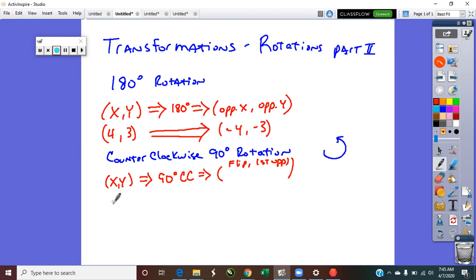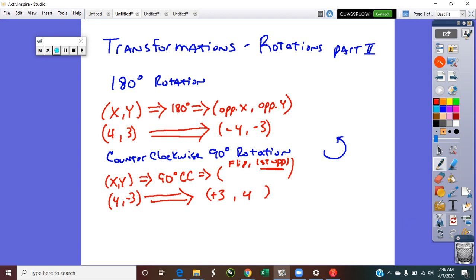So let's say I have a point like this, 4, -3. When we rotate counterclockwise, we're going to flip them first. So now we have -3, 4, and then we're going to make that first number opposite. So the opposite of -3 would give us a +3. So that would be 3, 4. That's review. That's what we did on our last lesson.